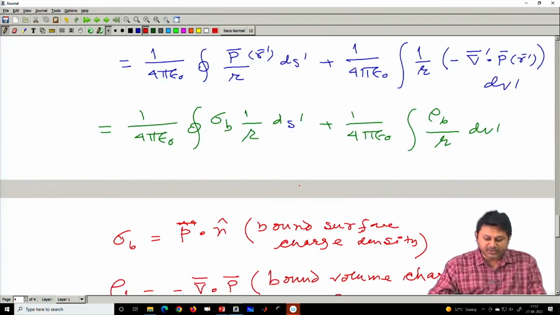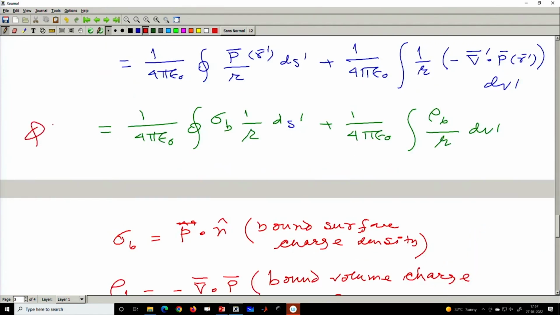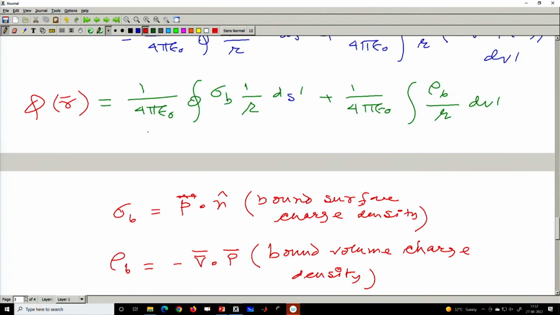From the expression of the potential you can see that this is my phi, and if I look carefully, this is a function of r. So, it is contributing with two terms. First, the term where we have a surface charge density, and we say bound because it is a polarized object, and because it is a polarized object it should have some bound charge.